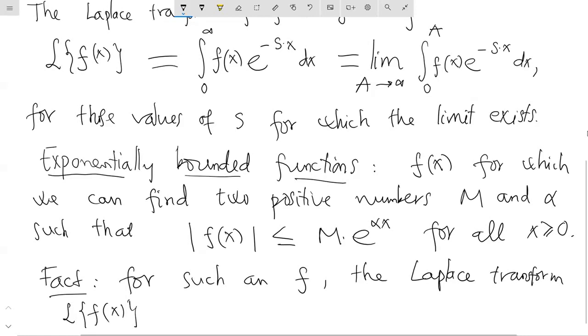So for such a function, the Laplace transform is defined for all s bigger than alpha. Provided that s is bigger than alpha, the Laplace transform is defined.